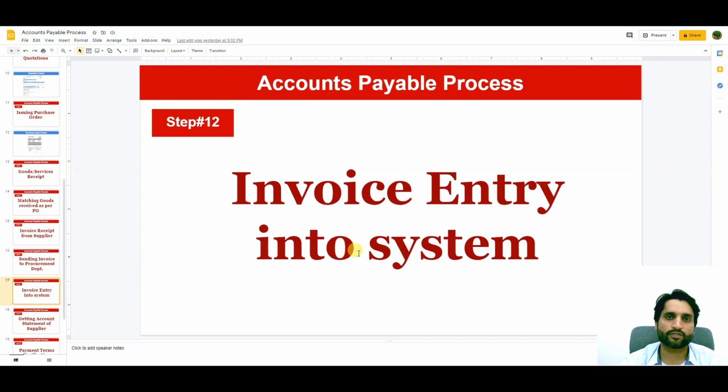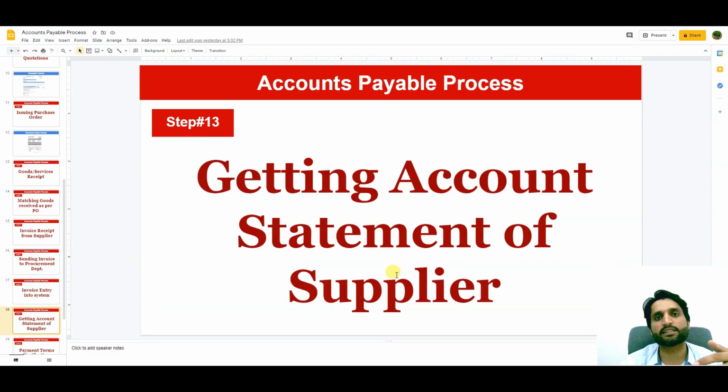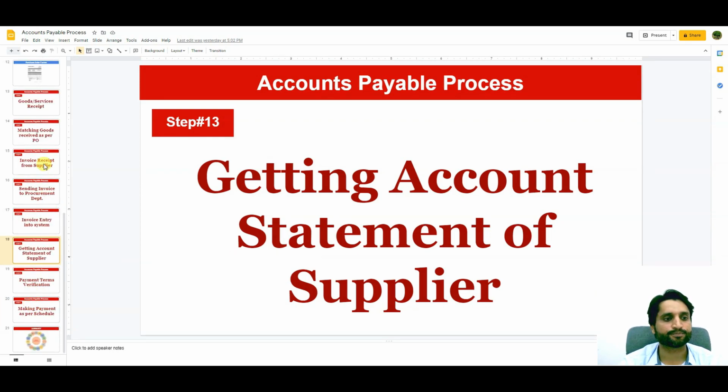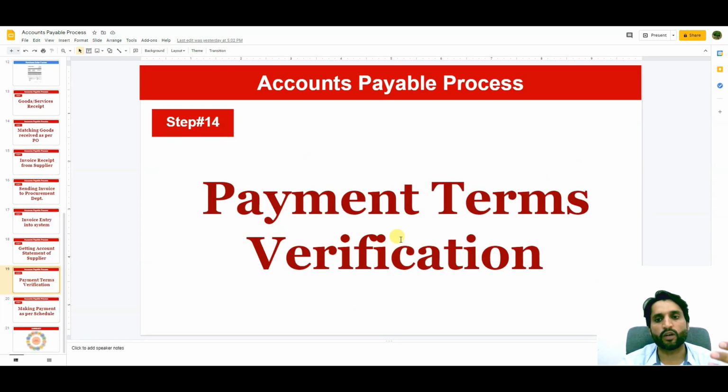So when the payment is matured, like after 60 days credit, the accounts payable department asks the supplier to send the account statement so we can process your payment. After that, payment terms verification.